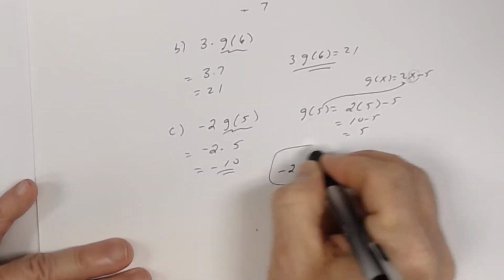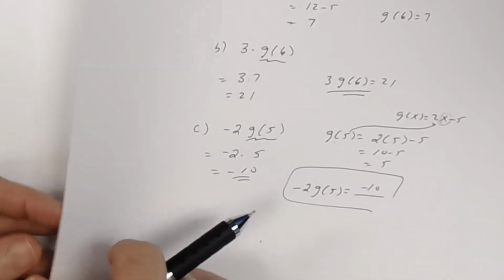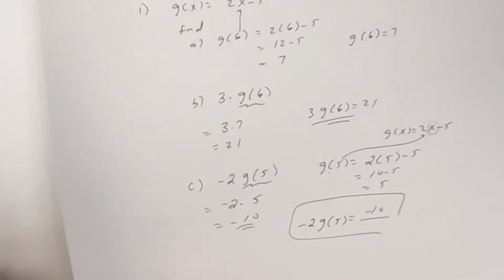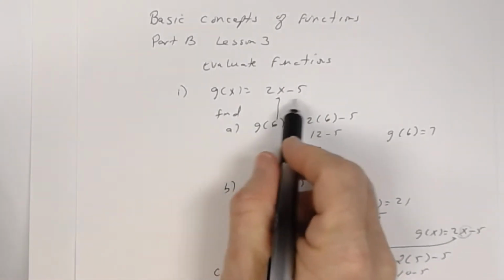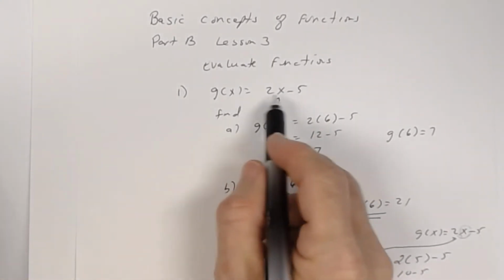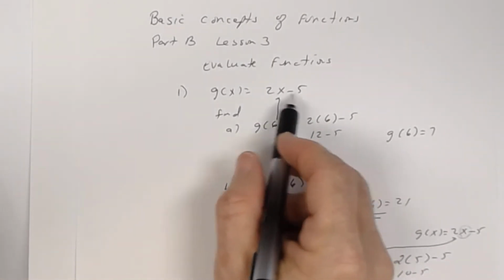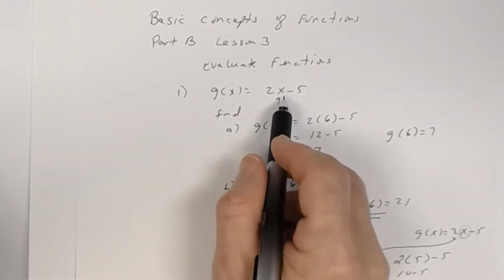Okay? All right, let's look at number 2. Now this time, you see how in number 1 you were given an equation for your function? You're given an expression like 2x minus 5, written in function notation. For number 2, let's suppose we had a set of ordered pairs instead.